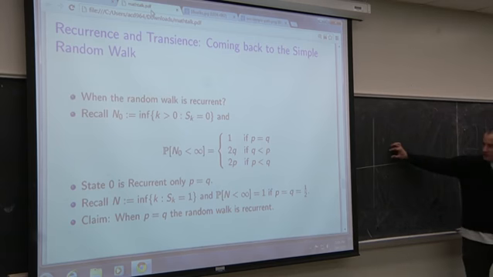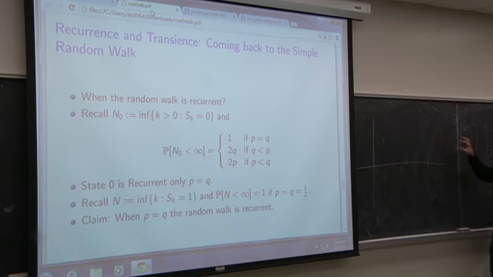Because there is a positive chance that I go to level 1. So if I apply this positive chance infinitely often, it's like tossing a coin infinitely many times and never seeing tails. So it never happens.